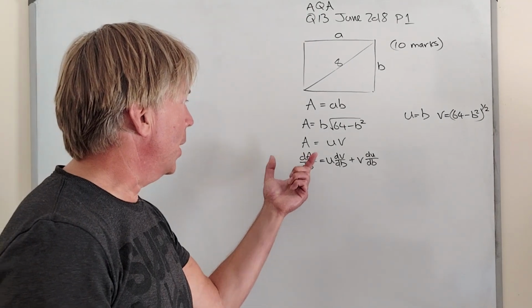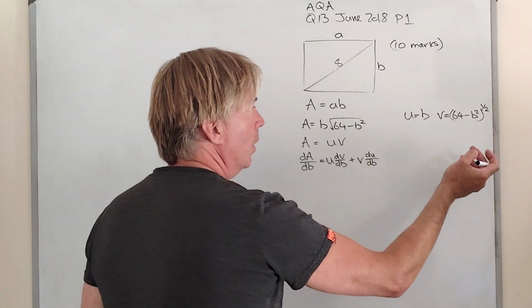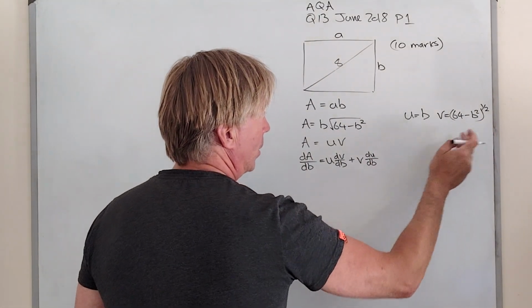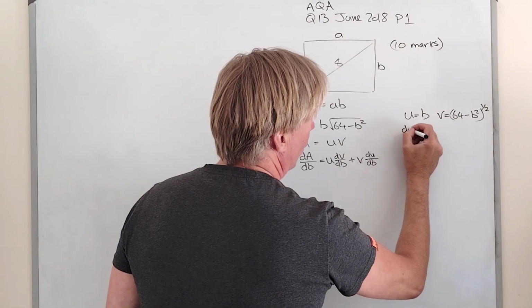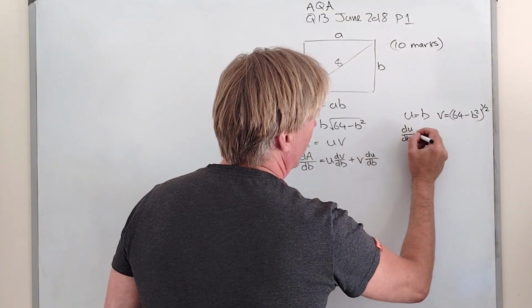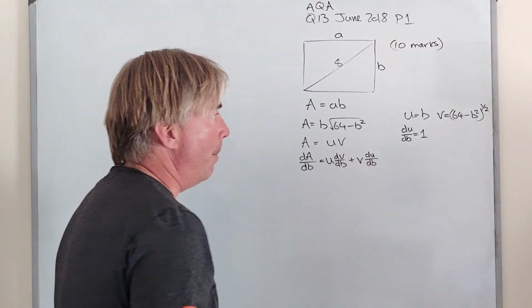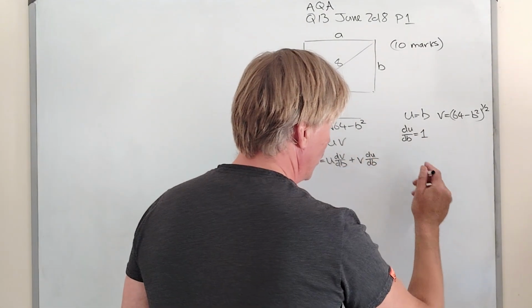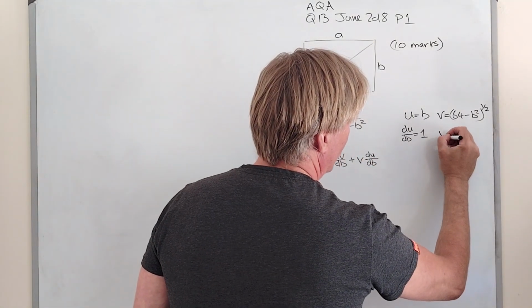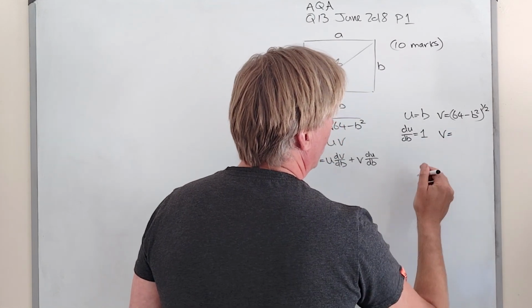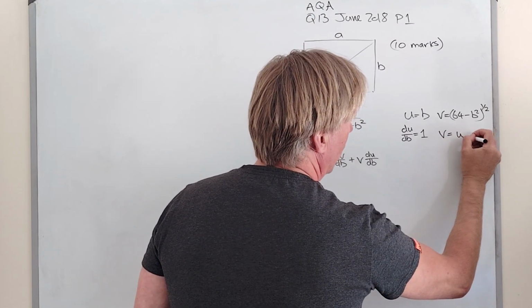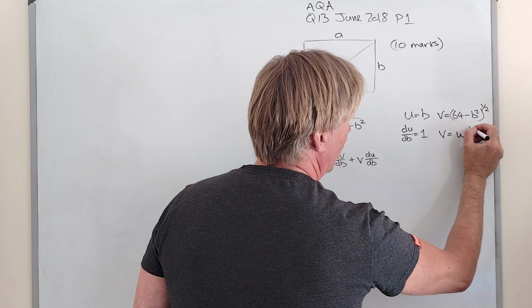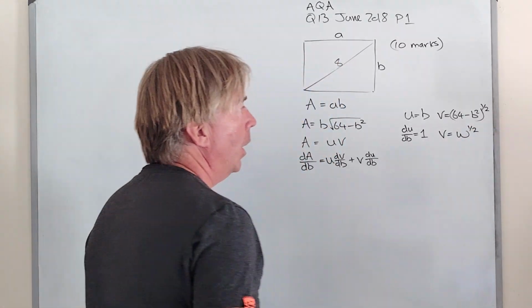So we need to differentiate each of these functions, u in terms of b and v in terms of b. Obviously this is very straightforward: du by db is equal to 1, but the one on the right, not so much. We're going to have to use the chain rule. So I'm going to introduce another variable, w, so v is w to the half.